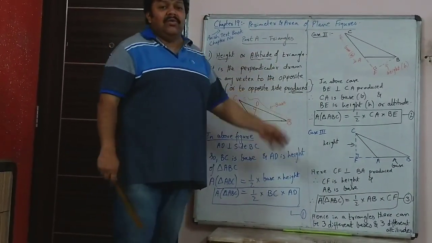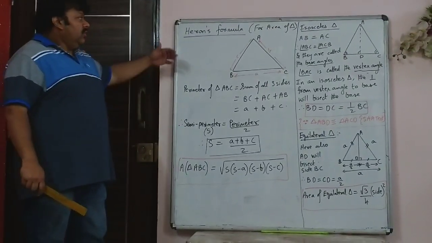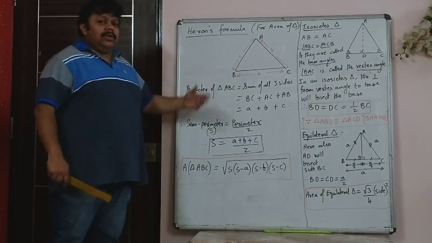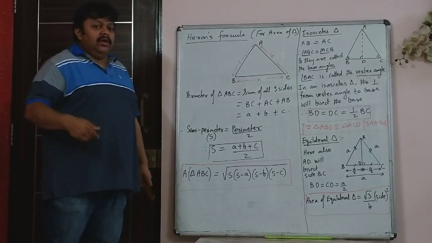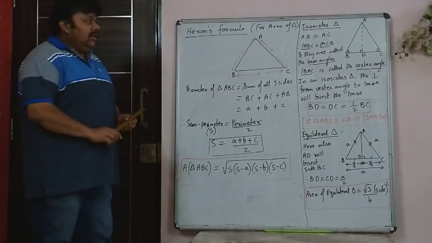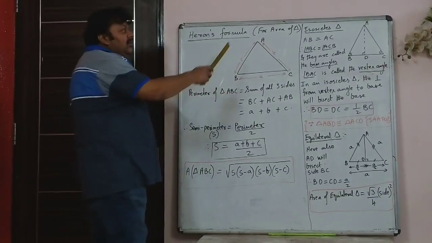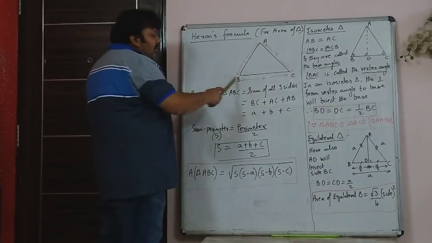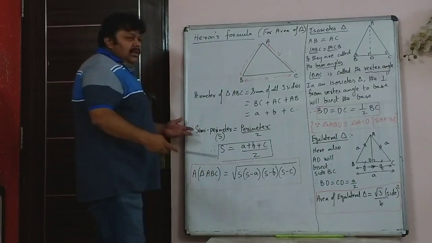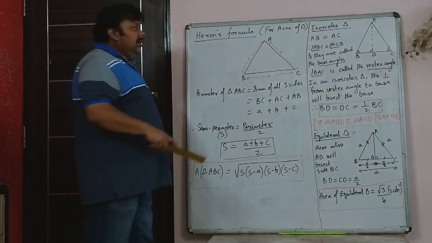I will write some more formulae. Now we have another formula other than area of triangle is half into base into height. We can use Heron's formula. What is Heron's formula to find the area of a triangle? You have a triangle ABC, just any triangle.